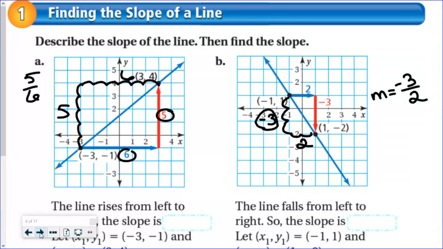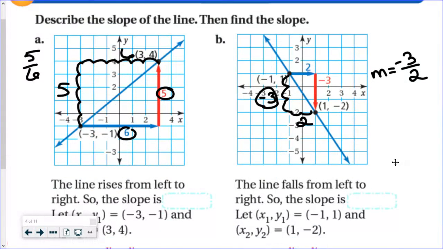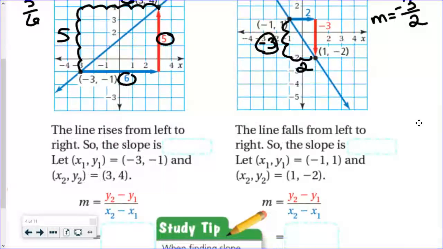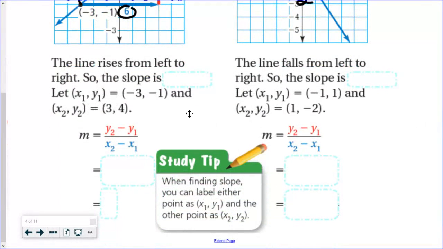Okay, tell me if you have any questions or need to understand Mr. Slope guy. Now we could also do it using this formula. Okay, so here we go. So point 1 and point 2, these are just saying point 1 to point 2. Okay, so it would be y sub 2, so y minus y, and that would mean plus the opposite, and x minus x, okay, and that still gives us the same thing.